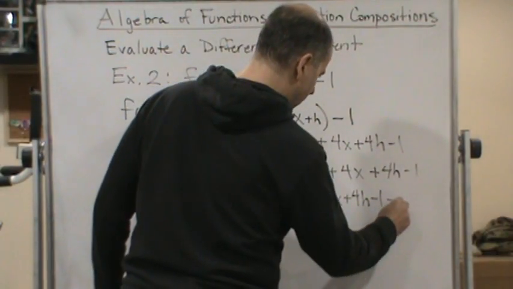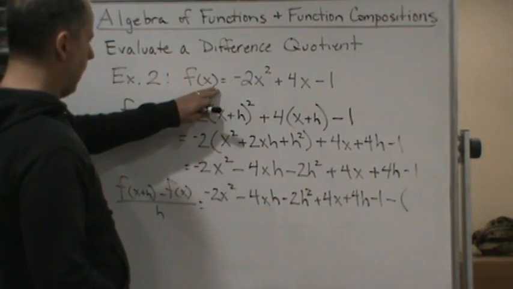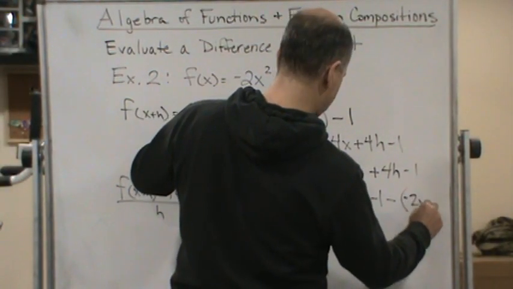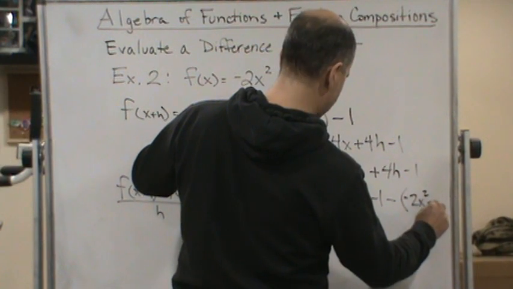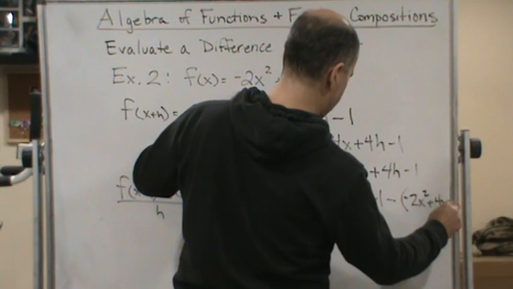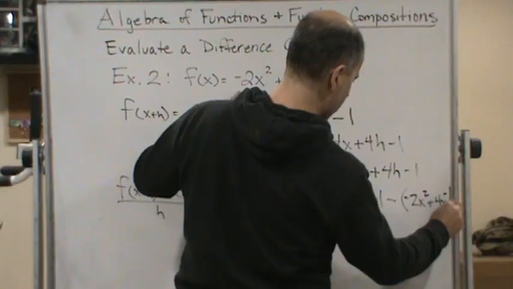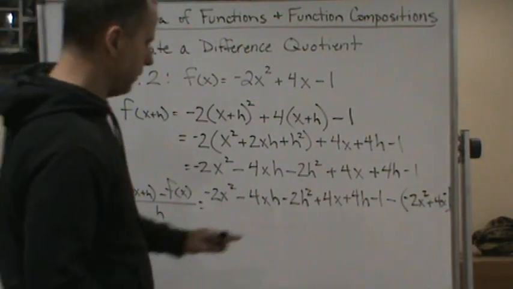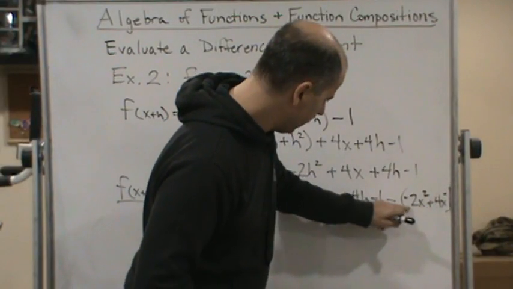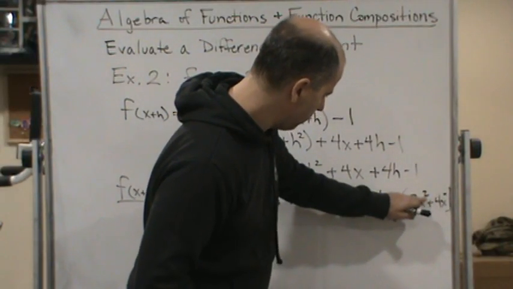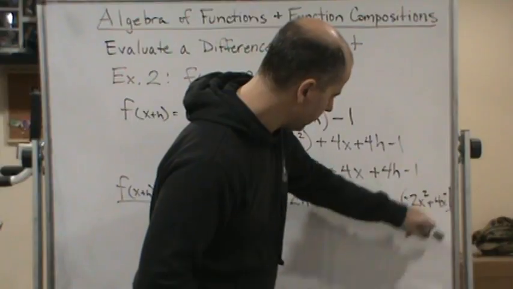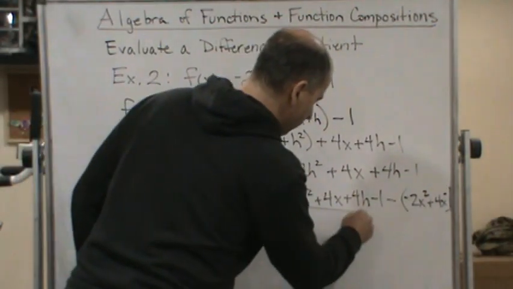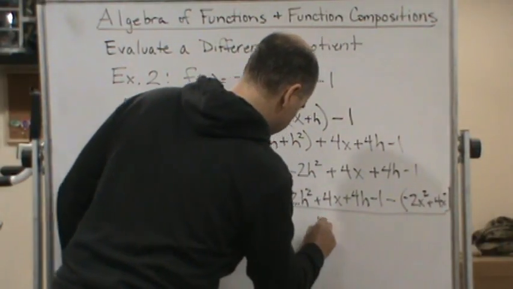And then I'm going to subtract off f of x, which is all of this, negative 2x squared plus 4x minus 1. So I'm subtracting off all of that, and that's all over h.